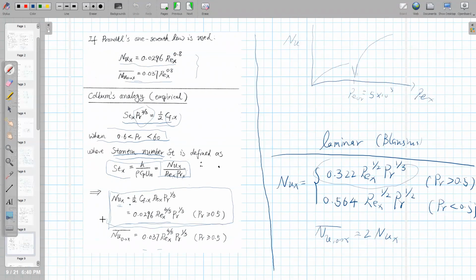If you want to include the laminar part, you need to integrate this value from 0 to xCr, where xCr is calculated based on the critical Reynolds number, and then plus the rest, integrating using the turbulent equation. Okay, so just be careful with this one in your work.